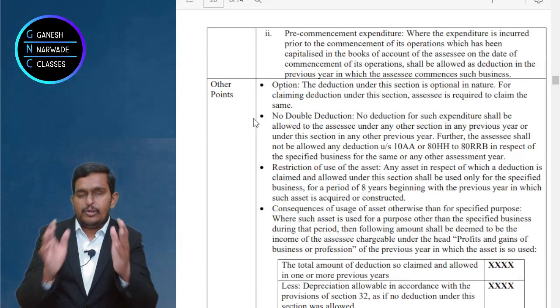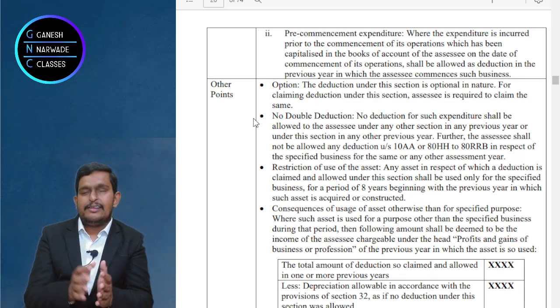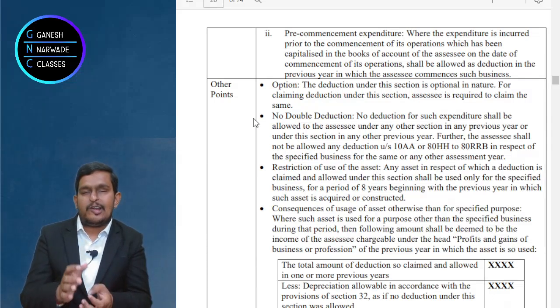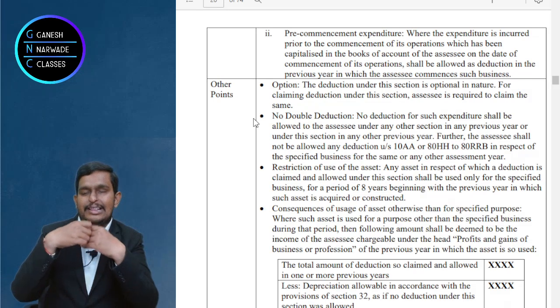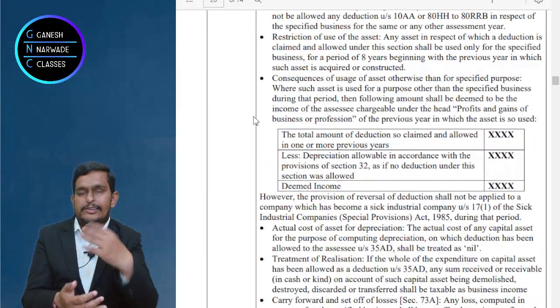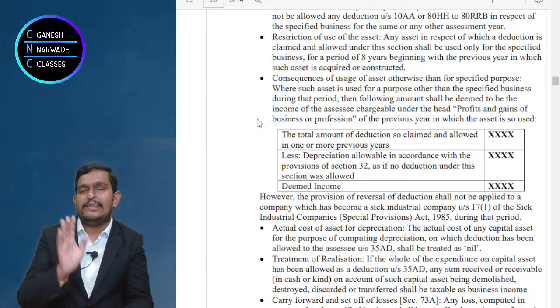Now, if you actually claim a deduction here under 35 AD, you should use that asset only for that specified business. You cannot say that I want to sell that specified business asset, or I want to use it for non-specified businesses also. No, you cannot do so, at least for 8 years.